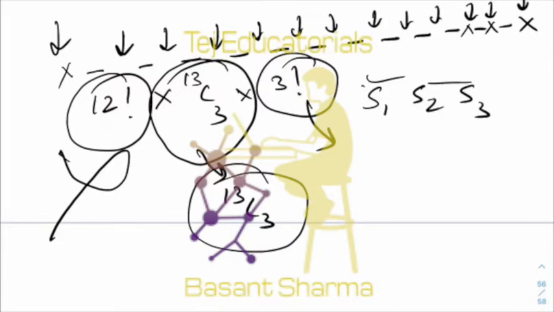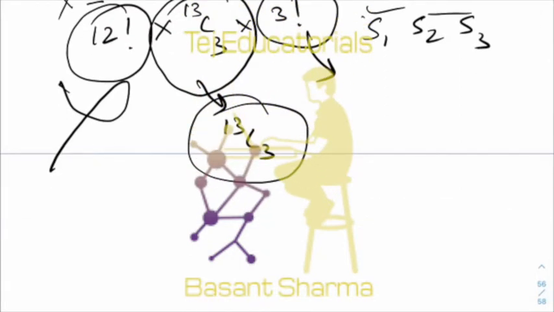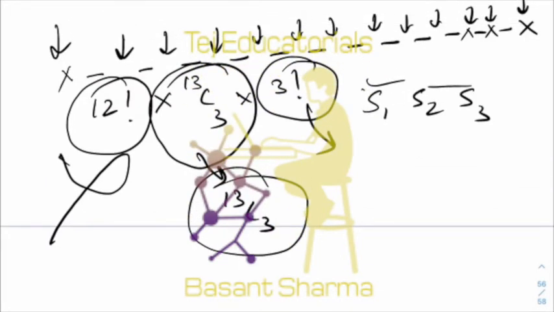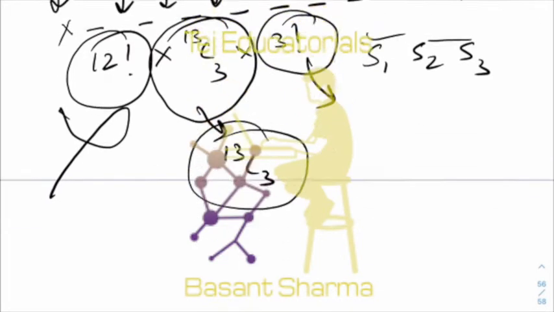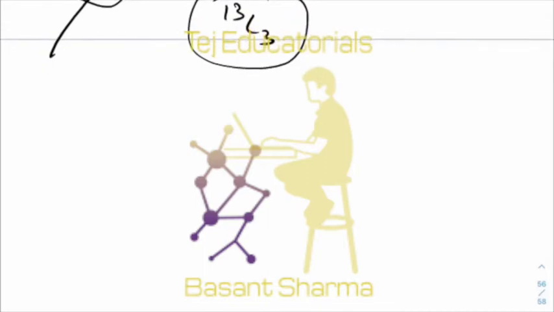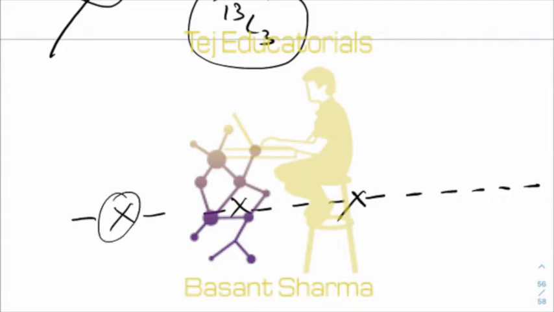As soon as you select 3 gaps out of these 13 gaps, say these are your 12 stations, 1 2 3 4 5 6 7 8 9 10 11 12, suppose you select this gap and this gap. One selection out of the 13C3 ways would be these 3 gaps.